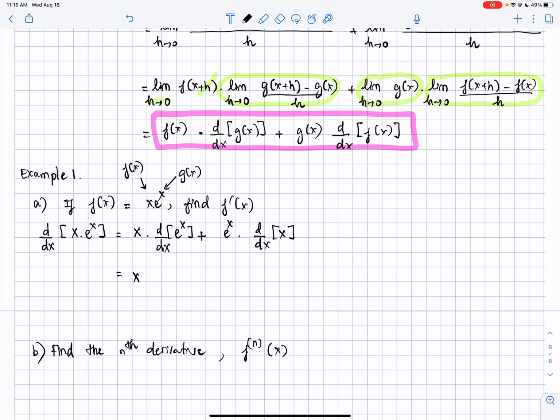The first derivative of e to the x is e to the x, the same. The first derivative of x is 1. So we can factor out, and then we get x plus 1.